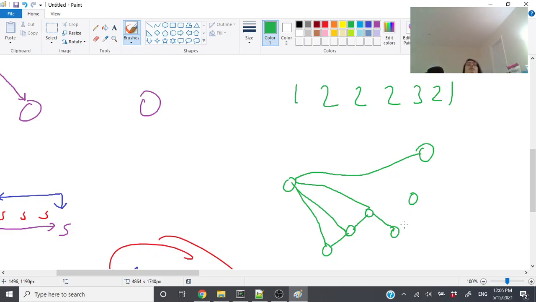Right, then the number of topological sorts on a directed tree is like n over the product of degrees, or n factorial over the product of degrees.